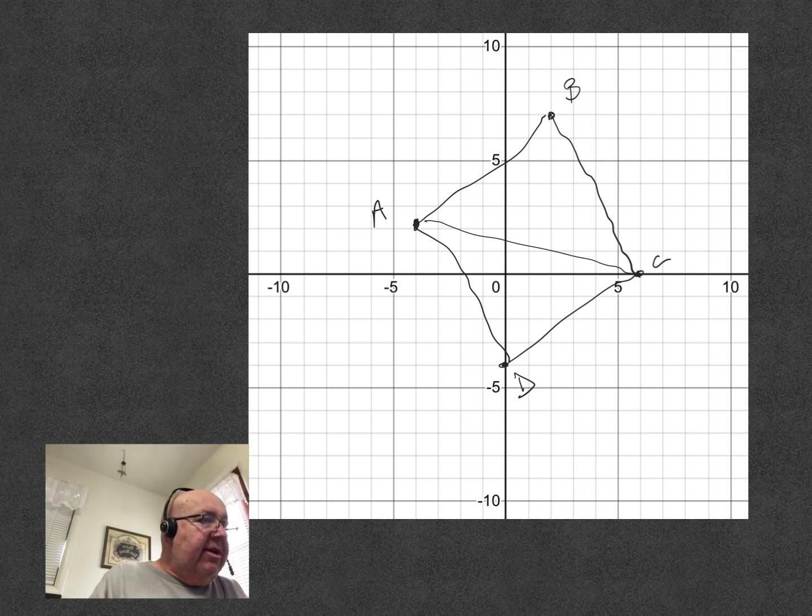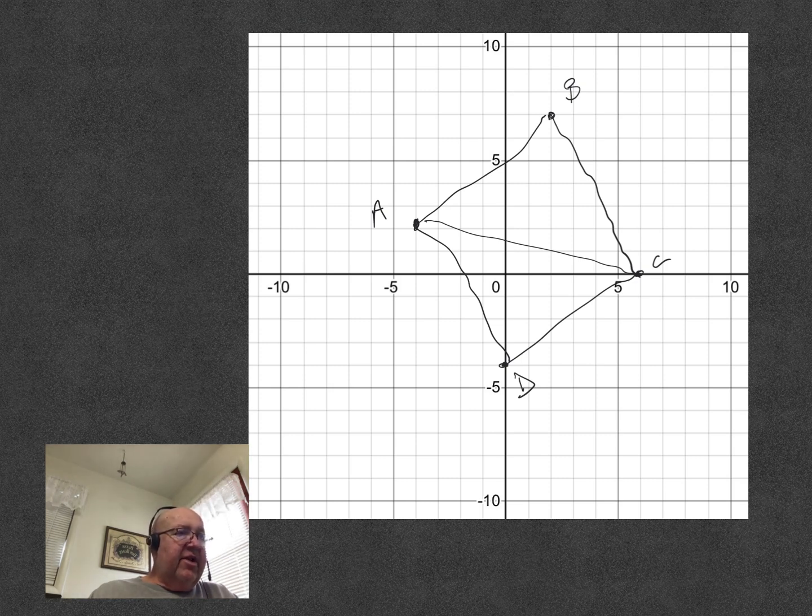Be sure to show your calculations and go from there. Then you're going to calculate the perimeter of this shape. In the normal coursework, we talked about doing perimeter of rectangles and squares.